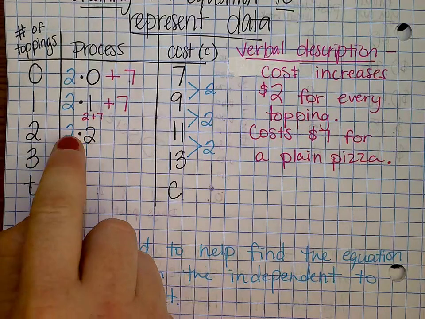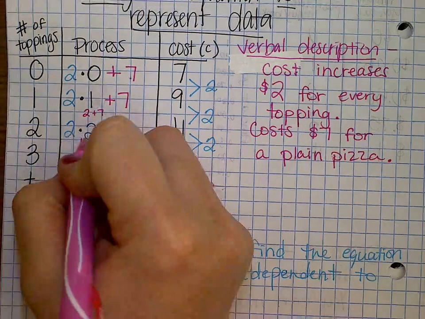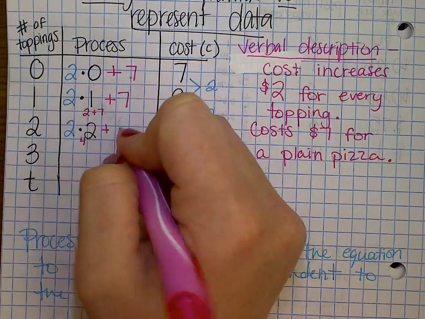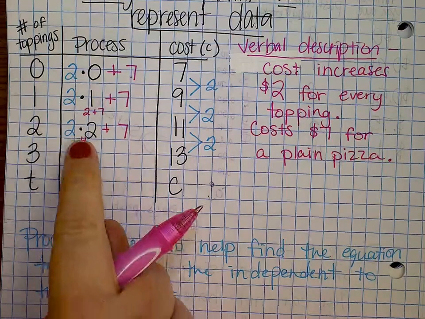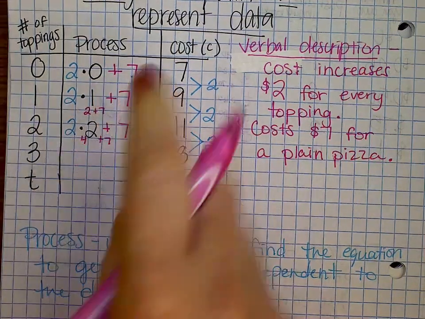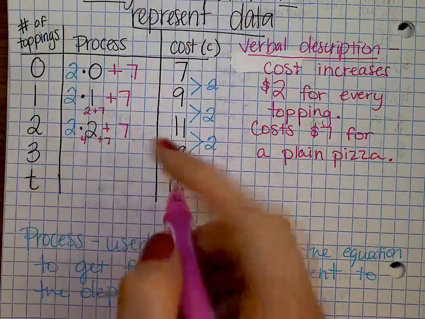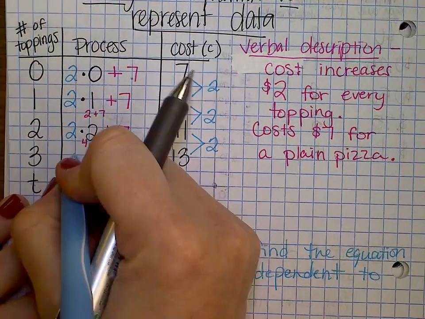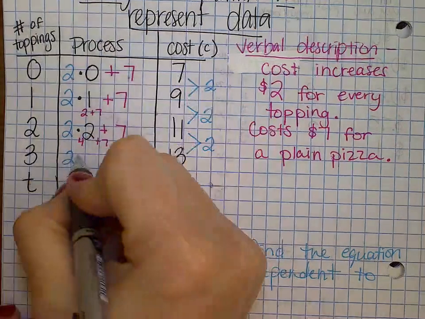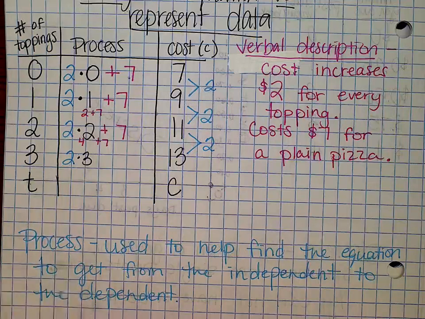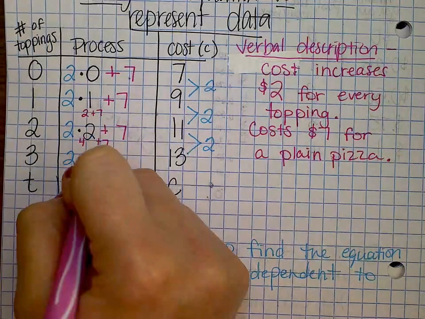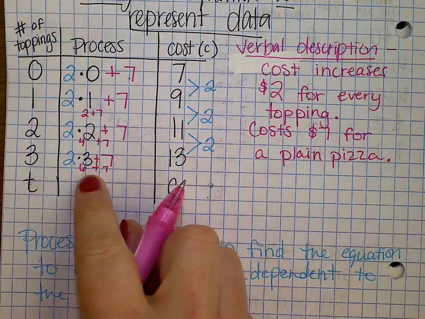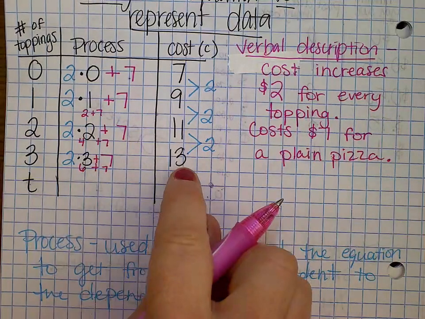I have 2 toppings, so 2 times 2 is 4. And then plus $7 for the original pizza. 2 times 2 is 4, plus 7, 7, 8, 9, 10, 11. So it would be $11. Then we're going to do 2 times 3, which is 6, plus 7. 6 plus 6 is 12, plus 1 more would be 13.